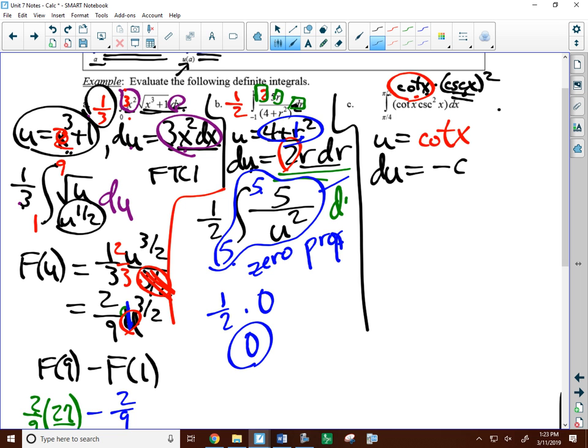Because tangent is positive secant squared, cotangent is negative cosecant squared x. And all we're going to do is add a negative sign because we got cosecant squared x. We just need a negative. So I'm going to throw in a negative, but I immediately have to cancel it out on the outside. It's really -1.